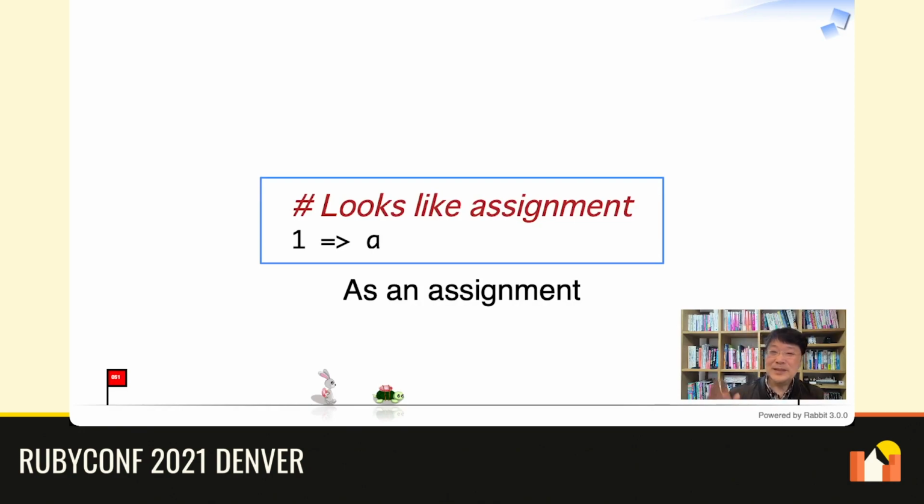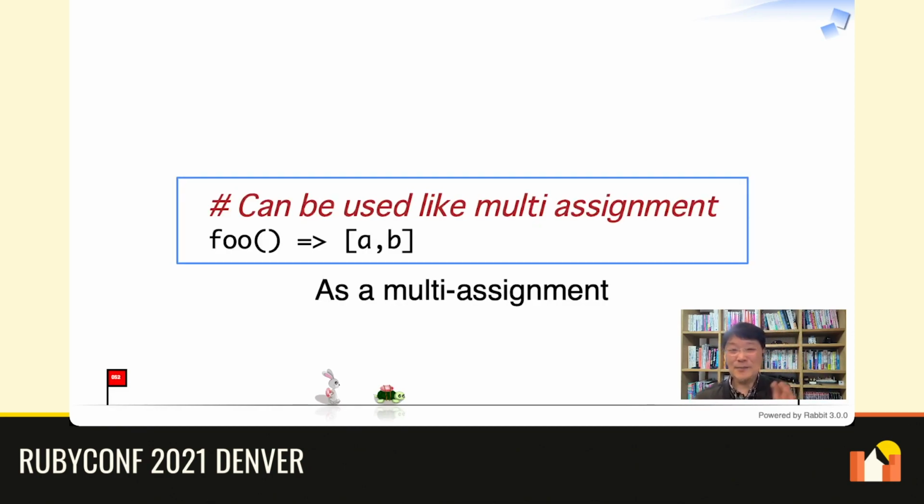But this pattern matching can be used like a multiple assignment. The value foo must be an array, and it takes two elements, A and B, and assigns them.